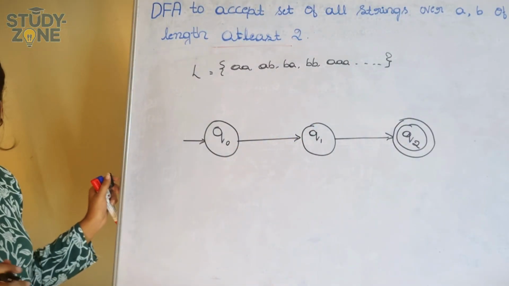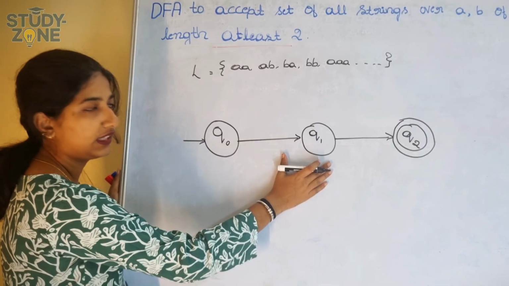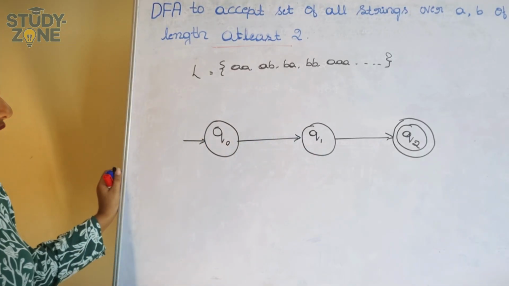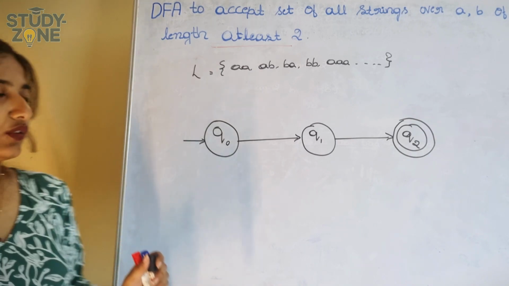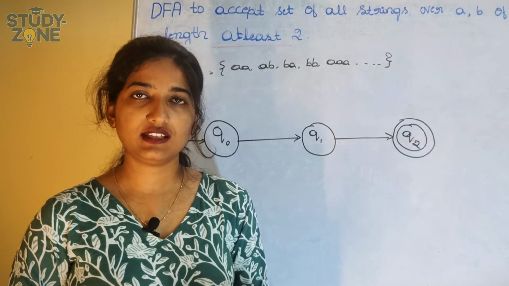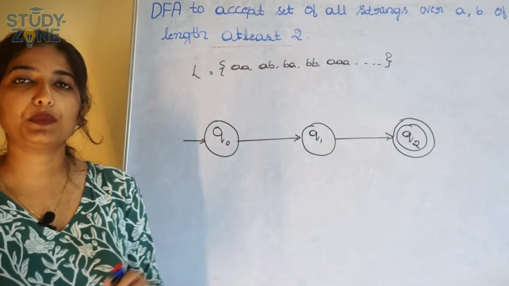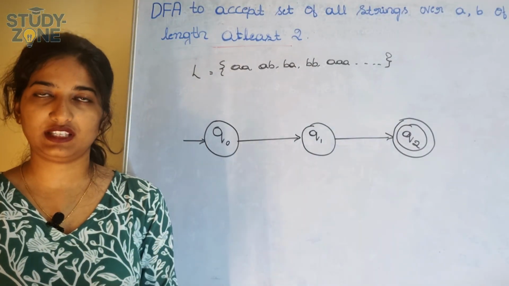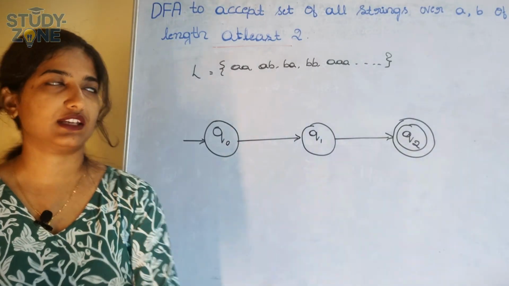Now at first Q0 will move to Q1 on taking any one of the input symbols. Let us take an example: if we have a basket and there is apple and banana, there is no restriction that you have to pick apple first or banana first. You have to pick any one of the fruits to move to the next basket.